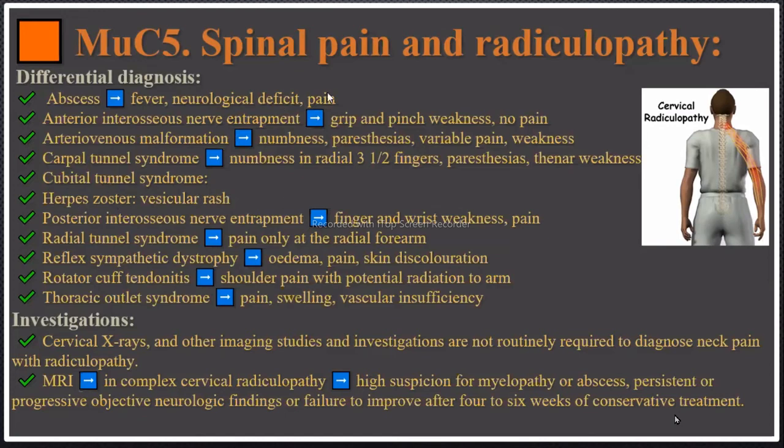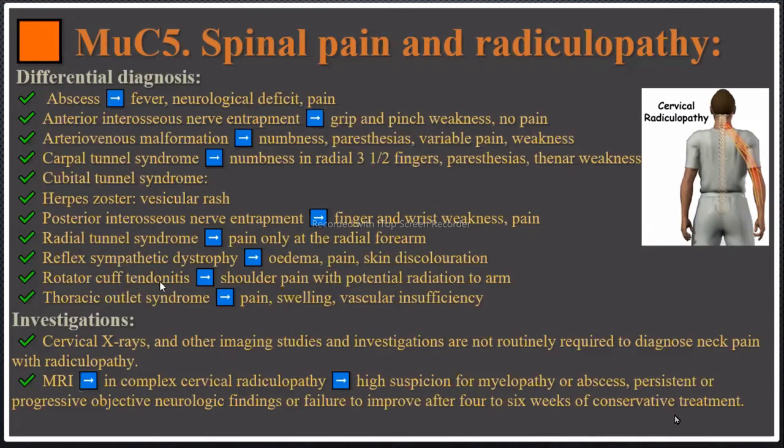If the patient has radiculopathy and he has rashes, think about herpes zoster. Posterior interosseous nerve entrapment: finger and wrist weakness, pain. Radial tunnel syndrome: pain only at the radial forearm. Reflex sympathetic dystrophy: the patient has edema, pain, skin discoloration.